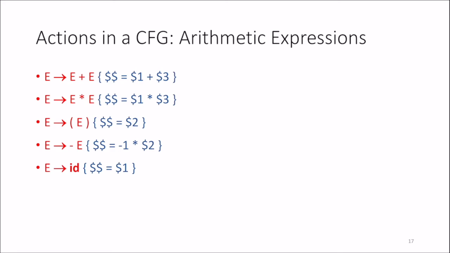All right, so we have the same grammar as before, right? So this should look familiar to you. But then we have this part over here, and this is the part that's new, and these are called the actions associated with each rule. So each rule in the context-free grammar has an associated action that triggers when you use that rule in a derivation.